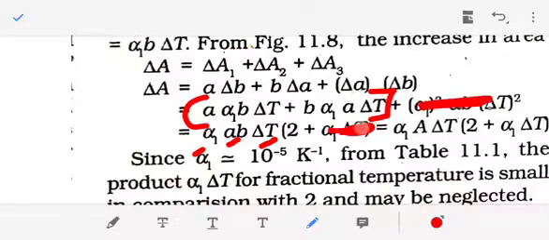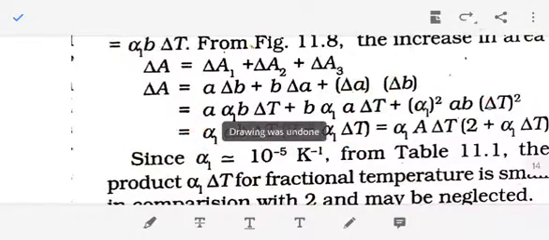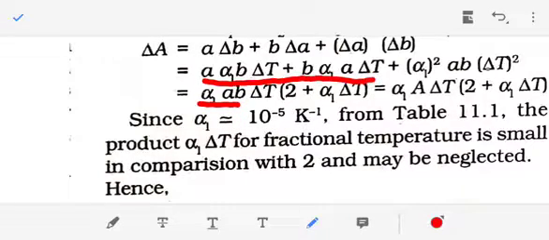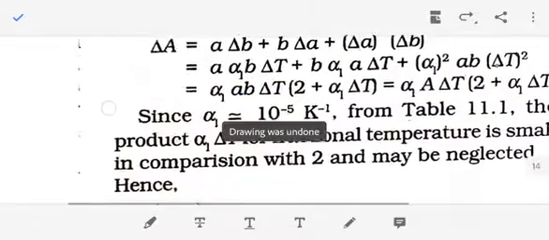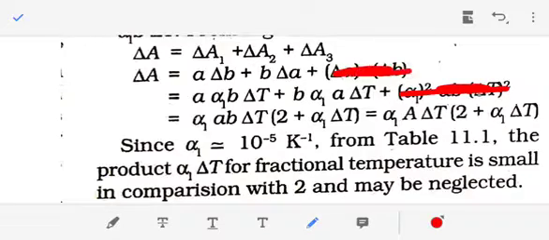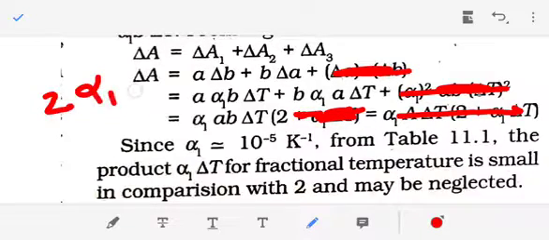So what will be the remaining value? 1 plus 1, that means this will become 2 times AB alpha L delta T. Only this value will be remaining, and all the other terms will be neglected.